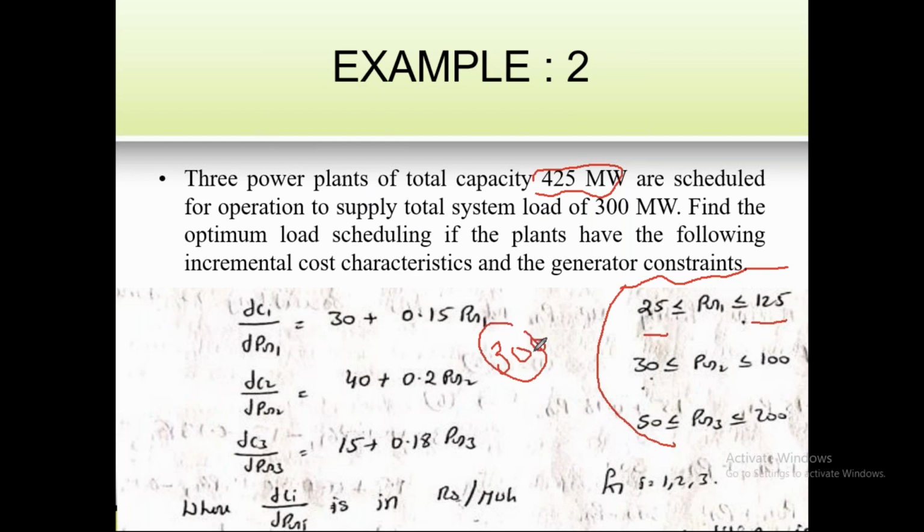Our problem is which plant has to contribute how much of this 300: how much power is generated by PG1, PG2 and PG3. And one more thing you have to remember: these values should be within the limits. It won't be exceeded. PG1, PG2 and PG3 should be within the limits. Then only the values are correct.